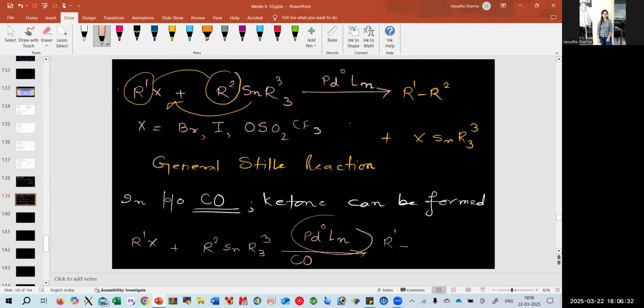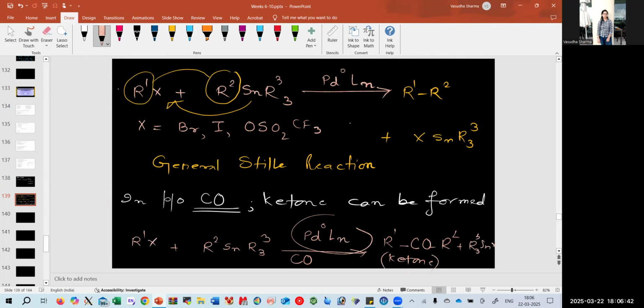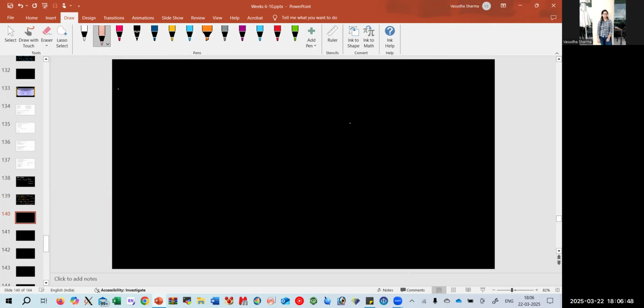So insertion of CO will happen, and you will end up getting a ketone instead of a C-C coupling directly. So this is the reaction that we have started.